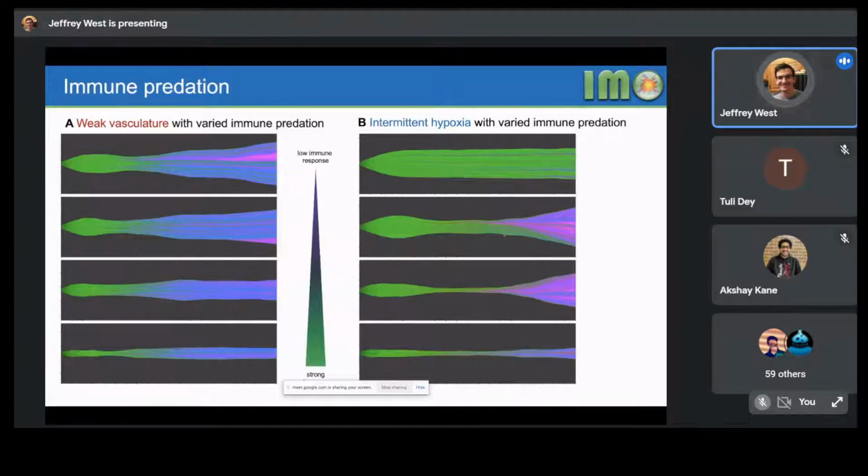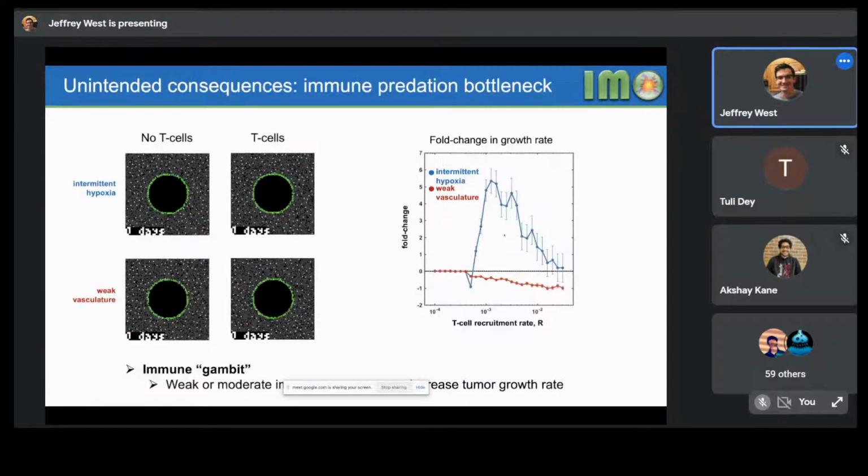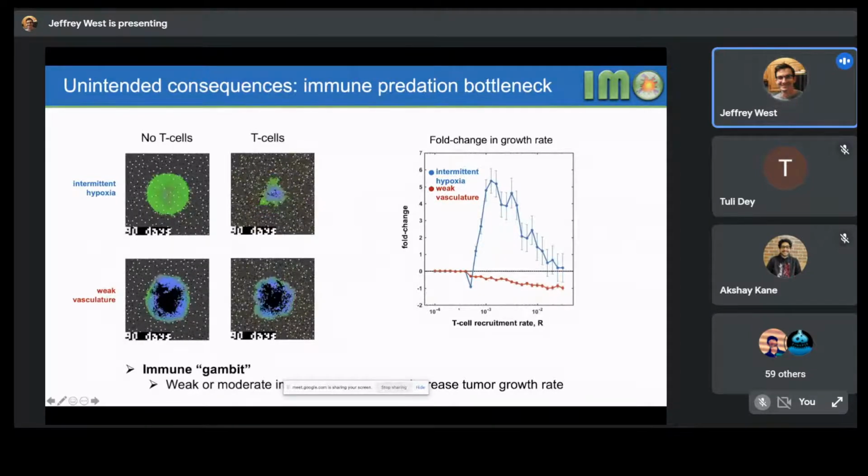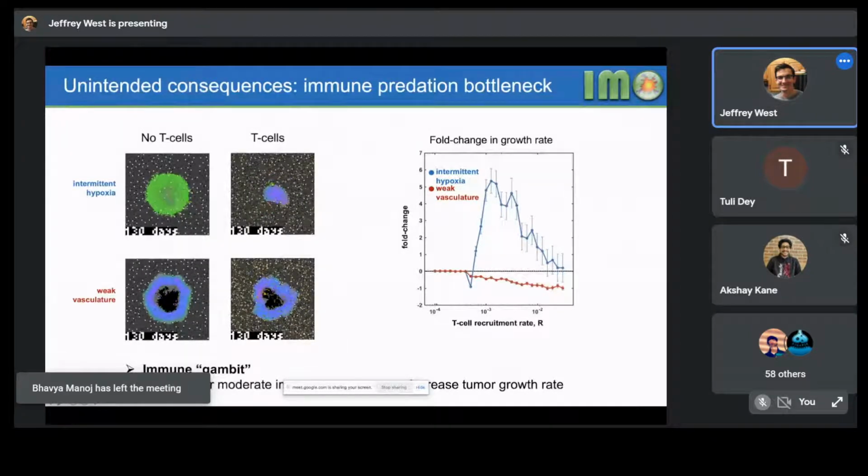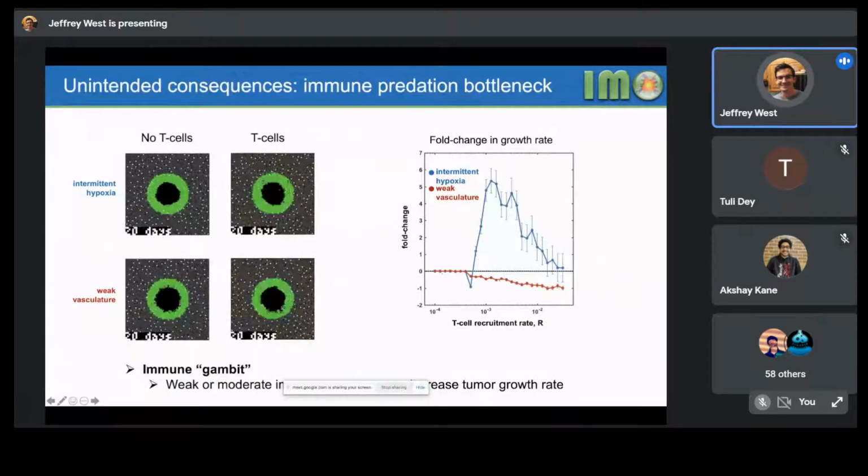And another way of looking at this is plotting the T cell recruitment rate. What I said before is this weak vasculature case is monotonically decreasing. So if you have T cells and you're going to inject them into the tumor, for example, then you would always want to inject more and more T cells because it's always beneficial.